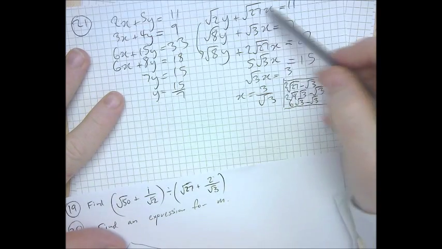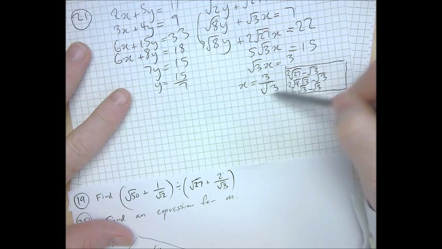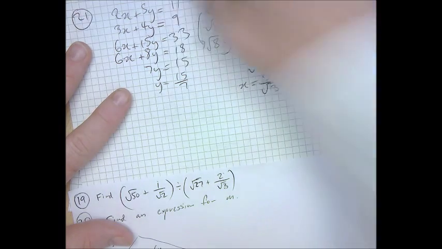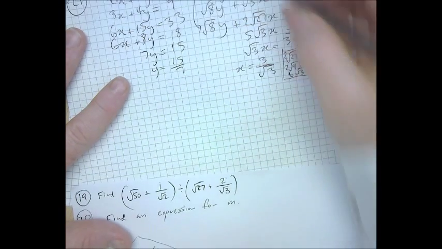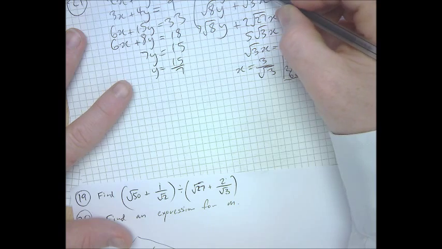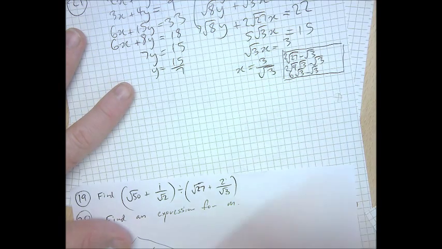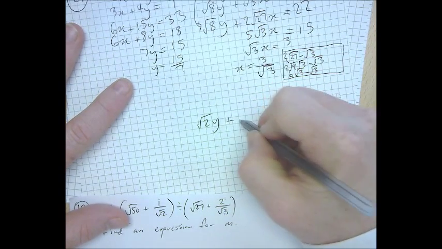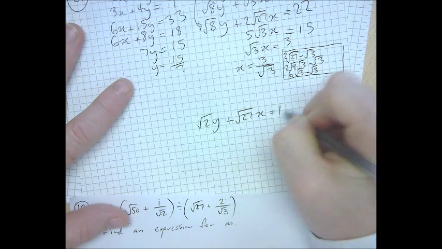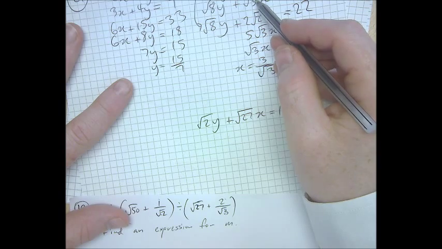Okay, I'm now going to try the problem again. This time I'm going to match the x's. An alternative is to substitute that back in, but because it's fractions and it's got roots in it, there's a higher chance of making a mistake. So to find y, I'm just going to eliminate x this time. So what's easy to turn a root 3 into that's also easy to turn a root 27 into? Well, how about just root 27? We achieve that by multiplying by root 9. So here's the original top line copied out. And here's the bottom line about to become a root 27 by timesing by root 9.